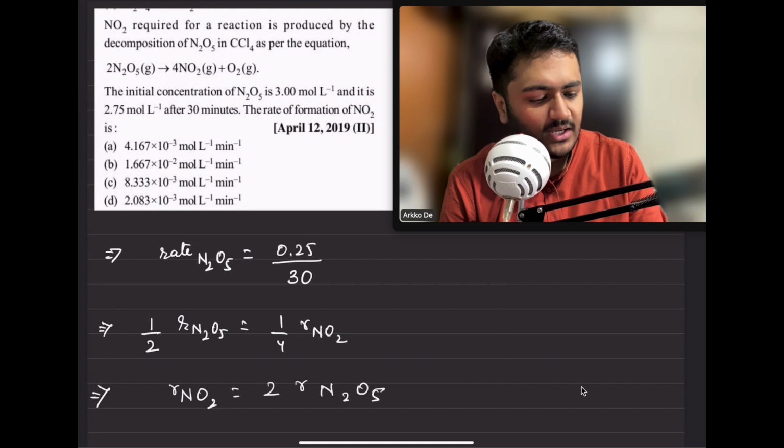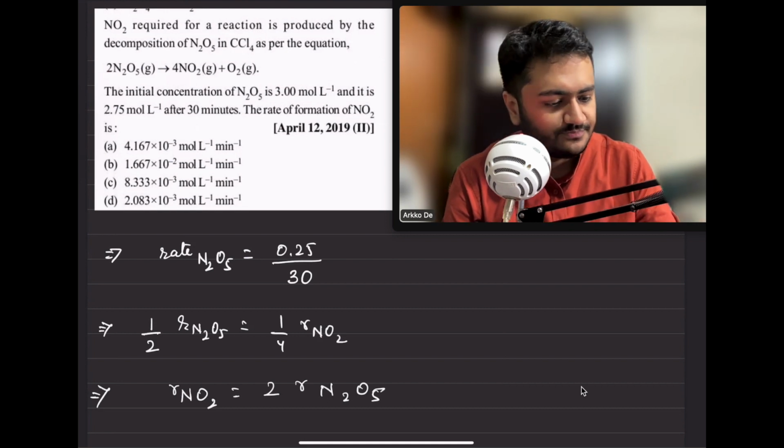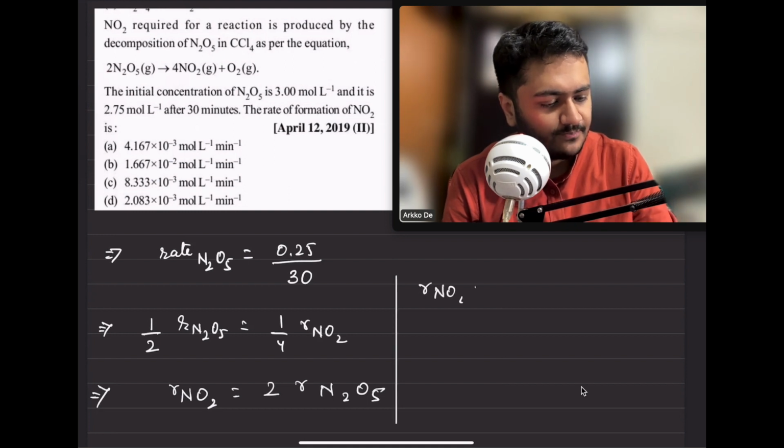So NO2 will become twice that of N2O5. Alright, so the rate of NO2 will be twice into 0.25 by 30. So it becomes 0.5 by 30.